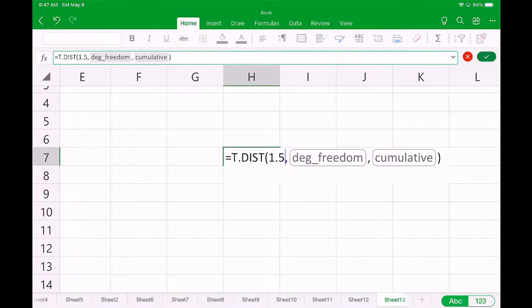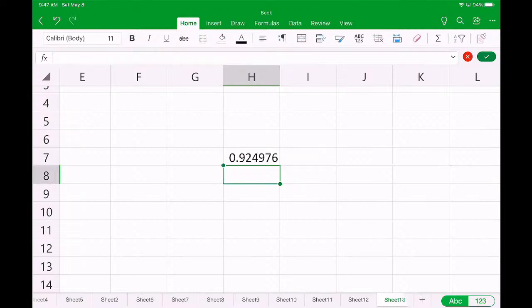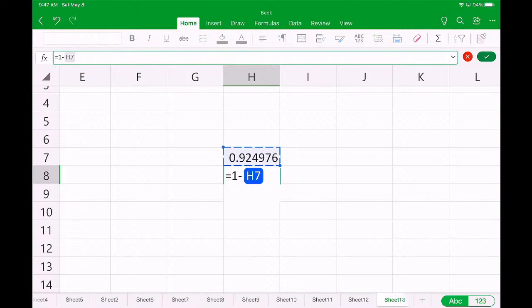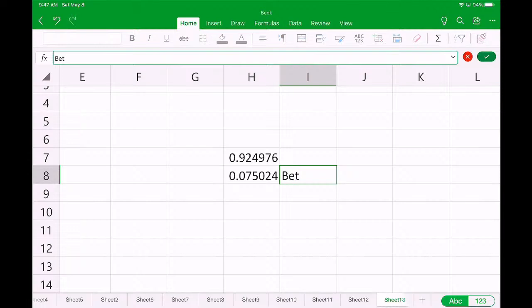Excel will give you the left side. If I say yes, 1, then it's going to give me the left side. So what I have to do is 1 minus that result. So that is between 5 and 10%, isn't it?